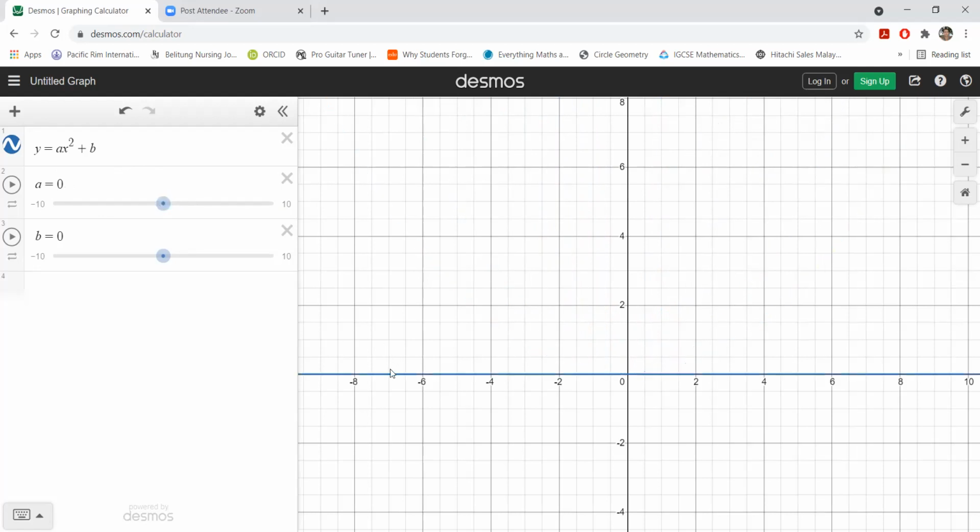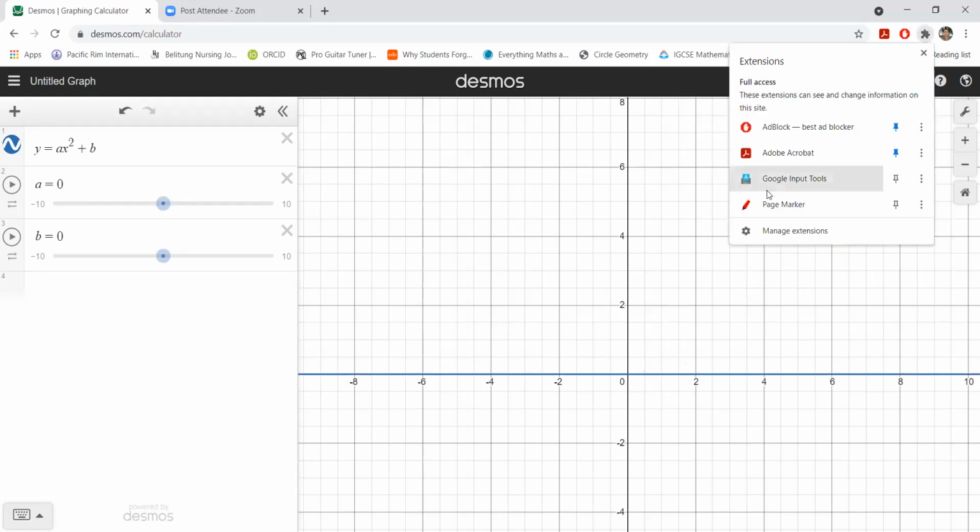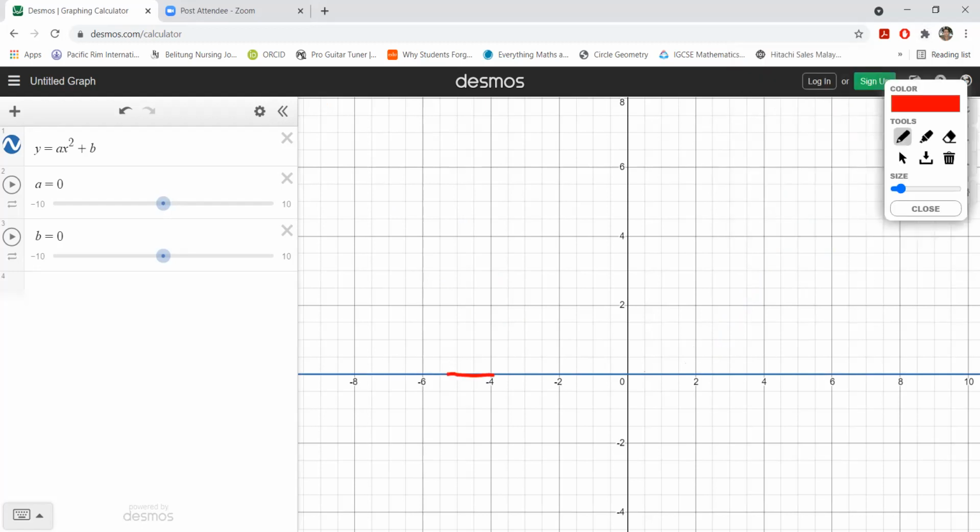So you'll end up with this blue line here, along here. That's when a is 0 and b is 0. So that's the line y equals 0.